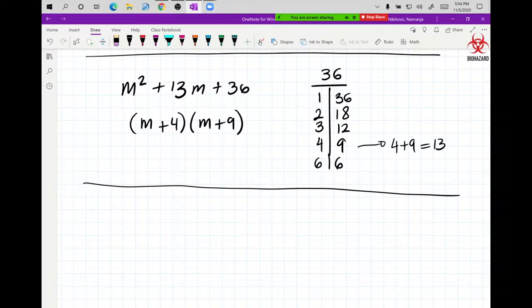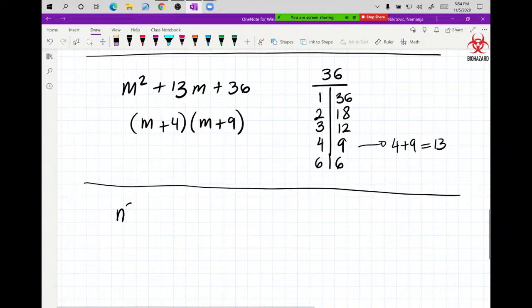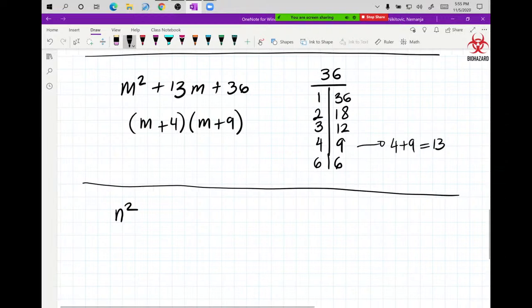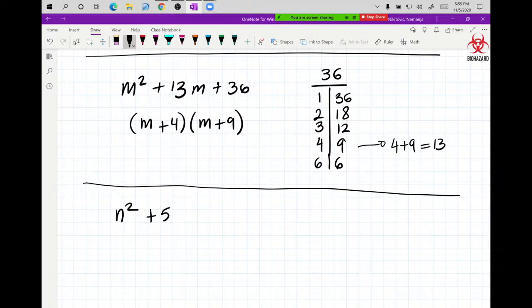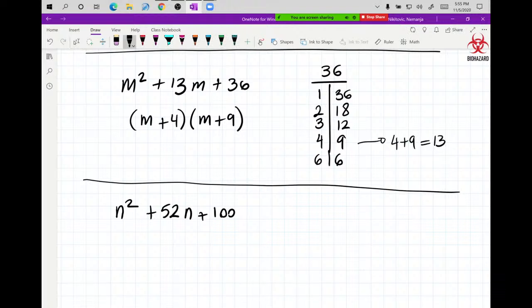So I'm going to now put n squared plus 52n, again this is from the book, plus 100. So get the factors for 100, see what adds to 52.